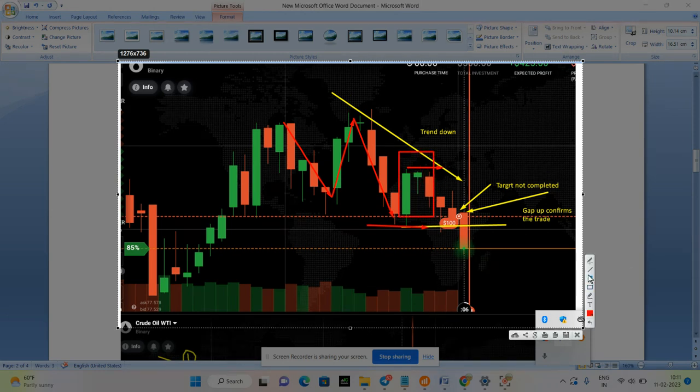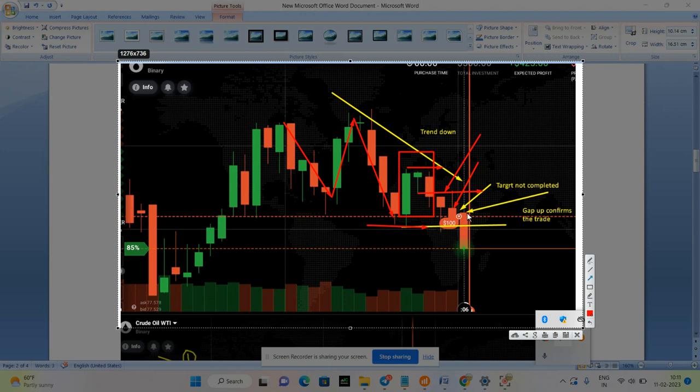This candle has not retested the key level. Moreover, this pattern is along the trend now. So this was also a trade candle. This candle was also a trade candle. But this candle retested this key level of the evening star, and still the target was not completed, as this candle has not touched that key level, that target point.